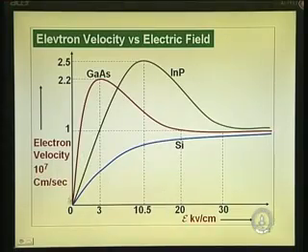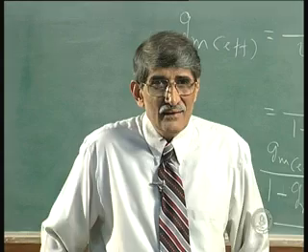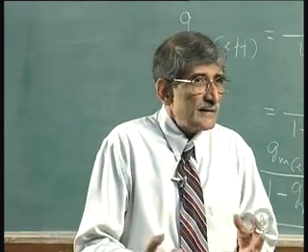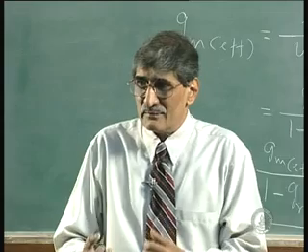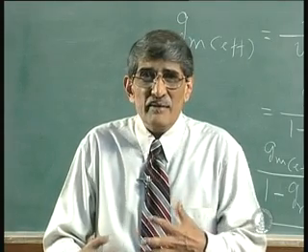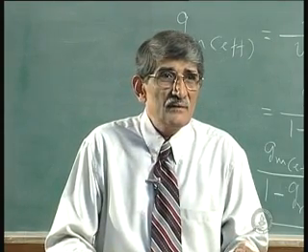So, as you keep on increasing the field, the velocity keeps on increasing, ultimately it is saturated, and saturation velocity is the scattering limited velocity. These are actually drift velocities. After all, the maximum velocity is the thermal velocity, okay? The random movement is there all the time, the electrons are moving around.